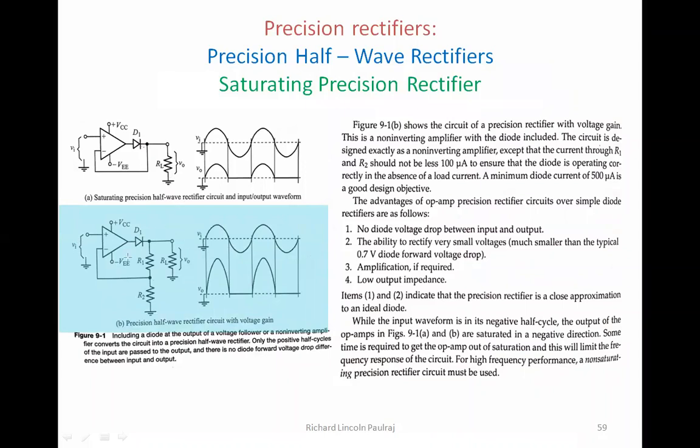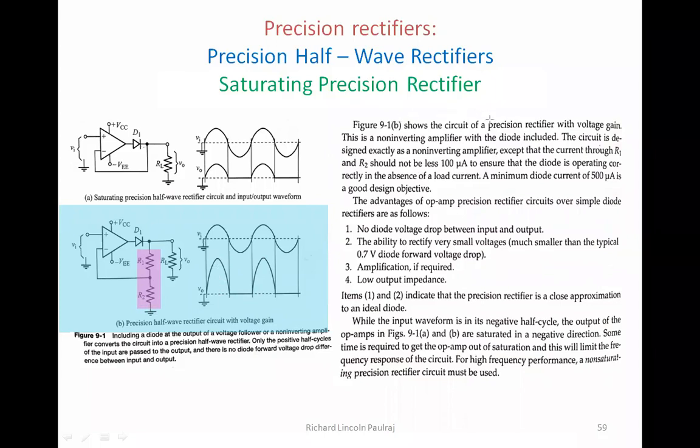But one interesting inclusion is R1 and R2, inserted as compared to our previous circuit. With this, the waveform amplification changes. If I change the values of both R1 and R2, the waveform amplitude can also be changed. So let us look into it in detail.